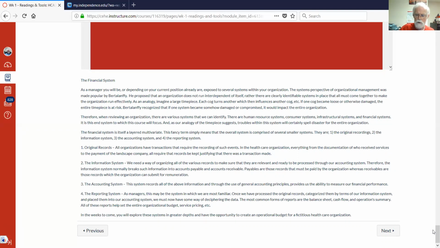Even when you are a one-person operation, you have to have these various systems. One of those pieces of the organization that's an important part of the system is the financial system, which is what we focus on here.